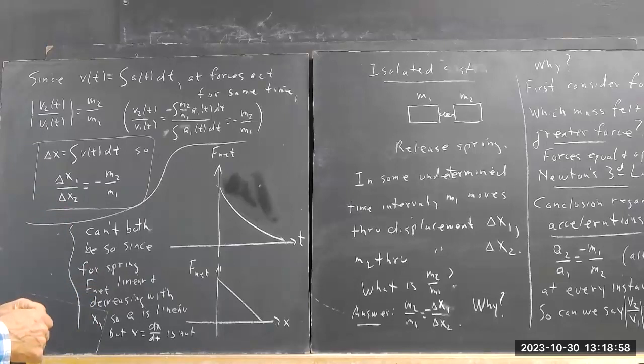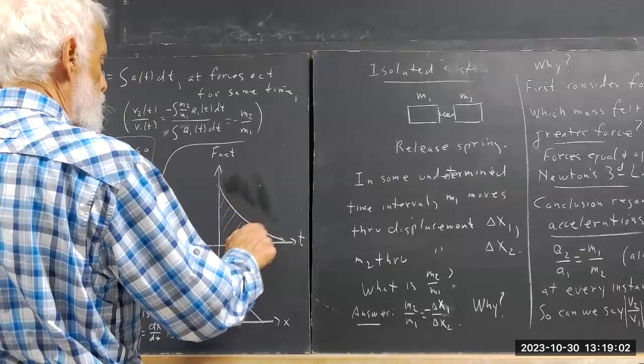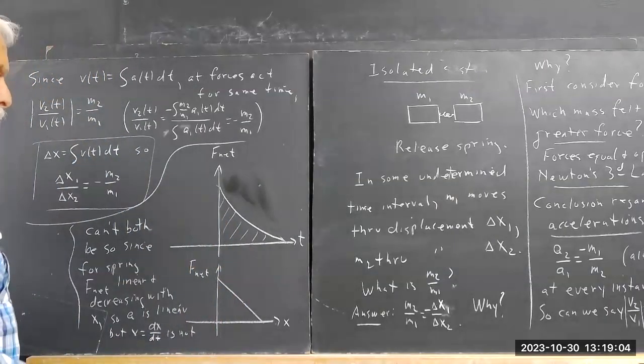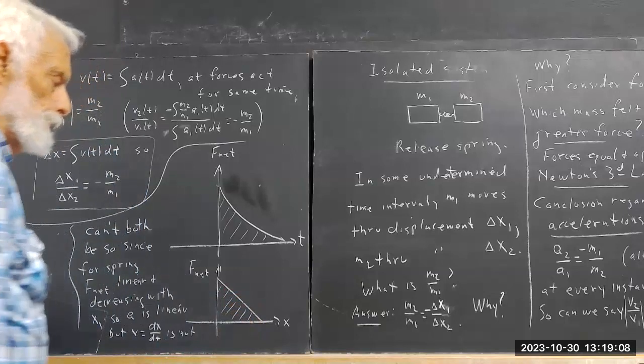Whatever it looks like, what's the area under this graph represent? What's the area under this graph represent?